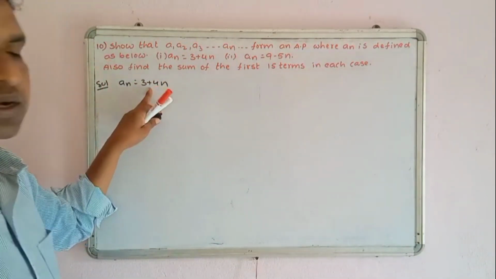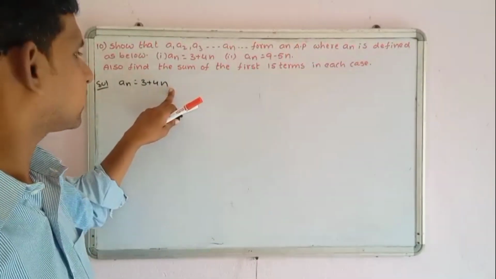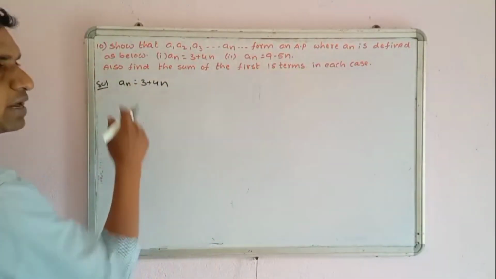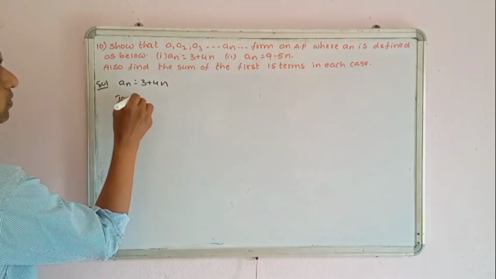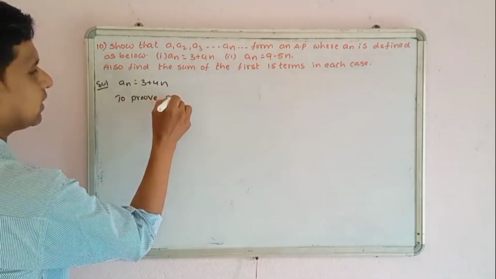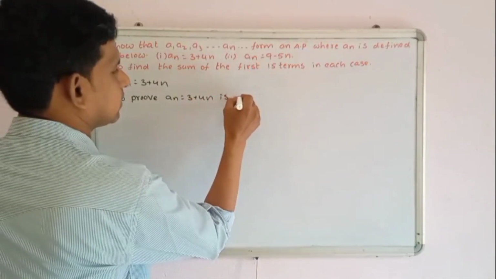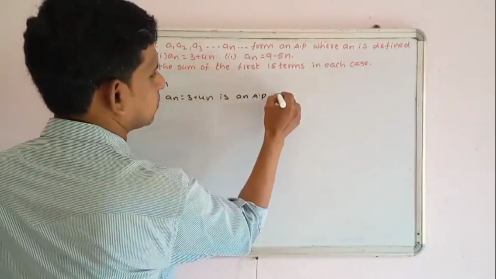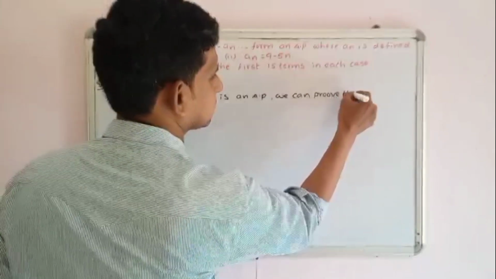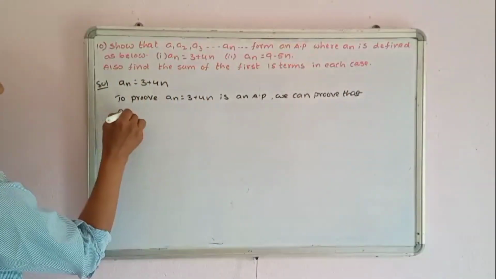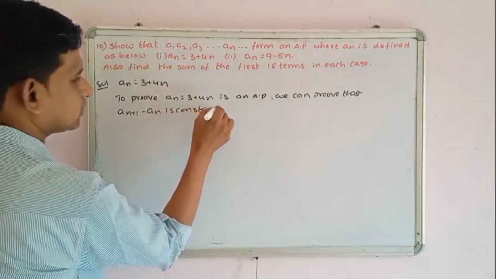To prove that an equals 3 plus 4n forms an AP, we can prove that an plus 1 minus an is a constant.